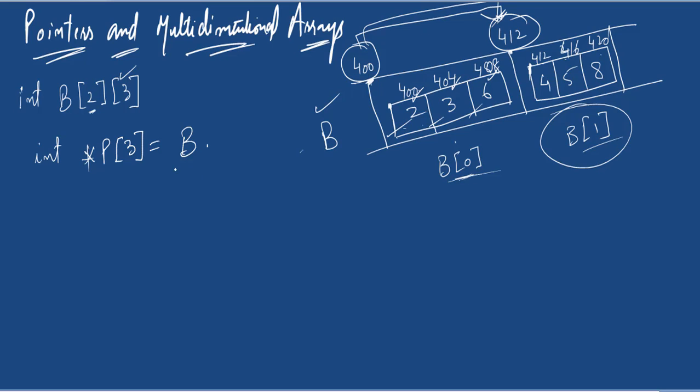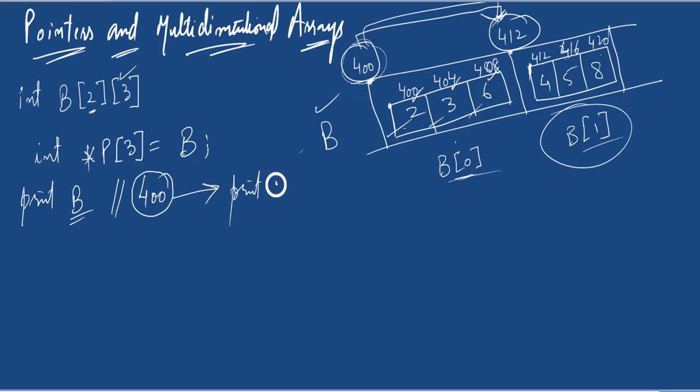Now if I am going to write print b, what will it return? It will return of course the address of the first element of b. This is 400 and 400 will get printed. For this I can also write print and of b of 0.